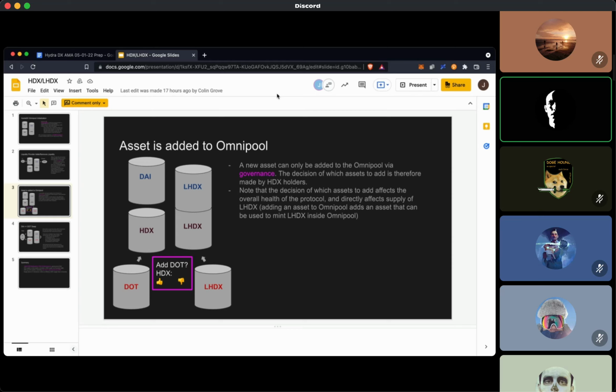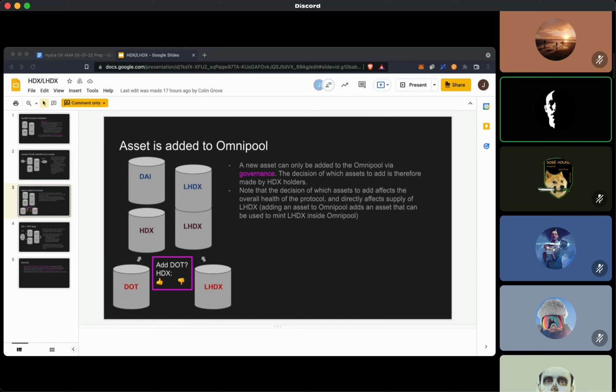It is critical that we add assets that aren't just shitcoins, because whatever asset you add, traders can come in and buy and sell that asset for other assets in the Omnipool. So the health of the protocol will rely on HDX holders, via governance, to approve or disapprove of adding different assets to the Omnipool.